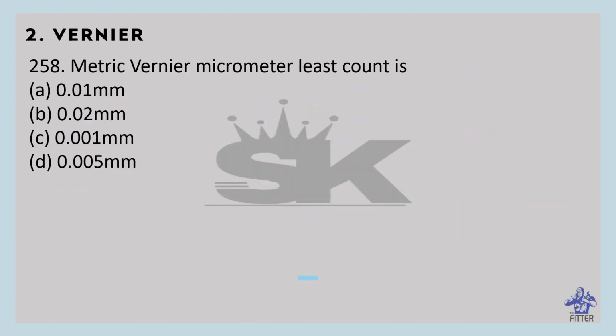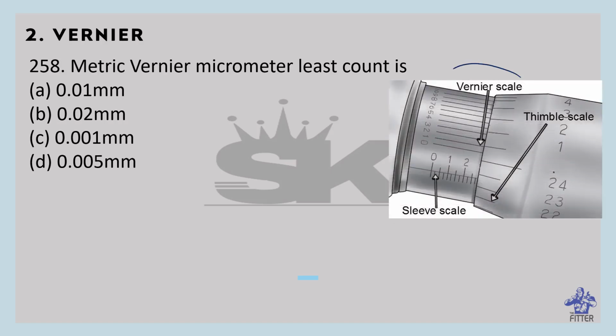Metric vernier micrometer's least count is. So in metric vernier micrometer, on the datum line on the sleeve, 10 parallel lines are marked. You can see here in the image. This is the vernier scale. This is the thimble and the sleeve. So this is called vernier scale. These 10 lines are equal to a part of the thimble.